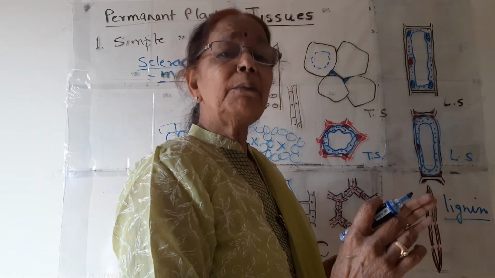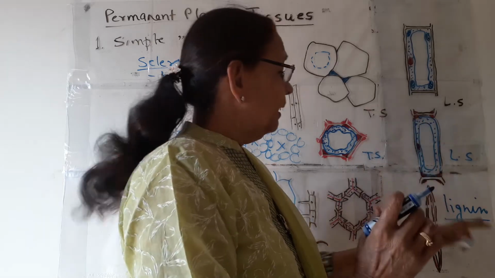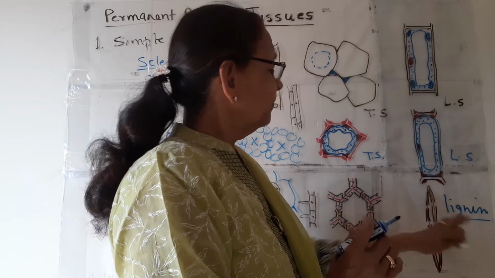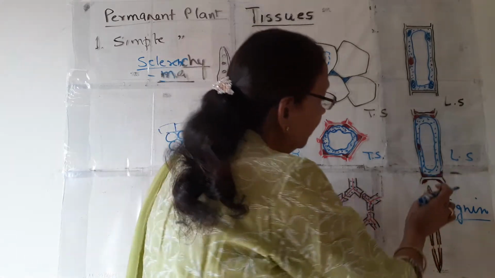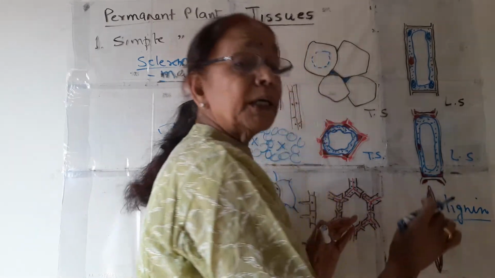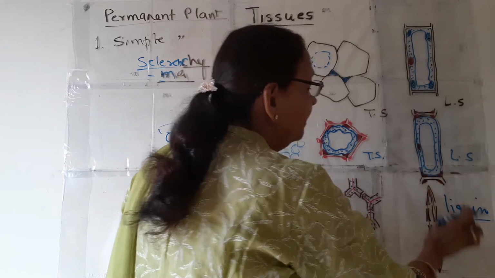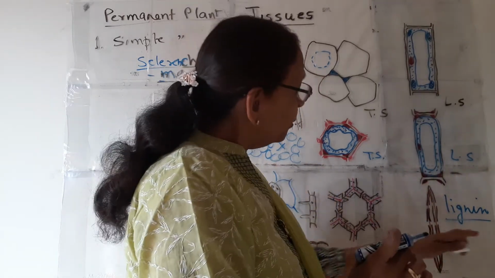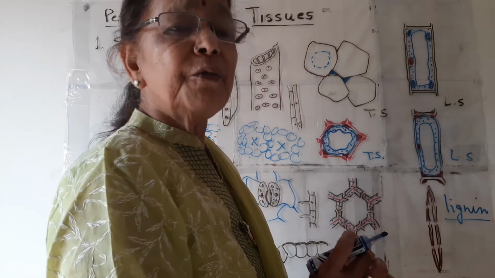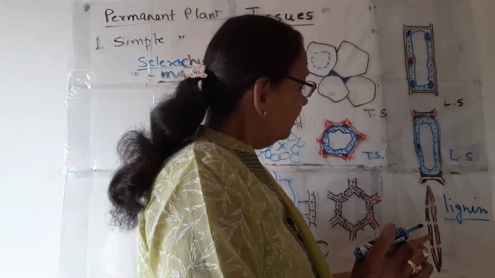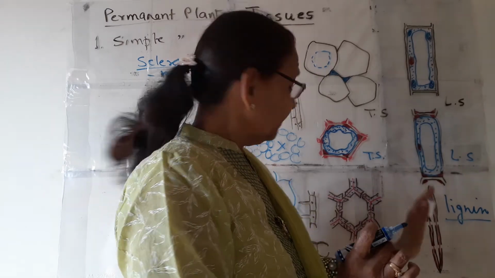The plant becomes tough and stiff, and due to this lignin, the cells become stiff and tough. Their wall becomes thick with lignin deposition. Due to this lignin, the cavity inside the cell is very, very thin, and these cells become dead.